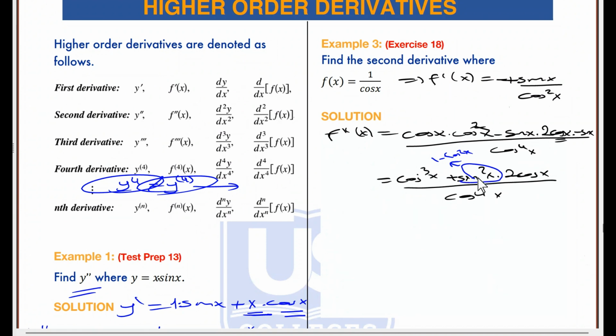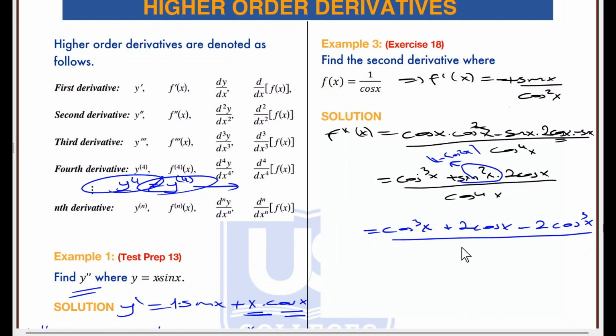So it becomes cosine cubed x plus, let's distribute 1 minus cosine squared to 2 cosine x. So 1 times 2 cosine x, 2 cosine x, negative cosine squared times 2 cosine, negative 2 cosine cubed.